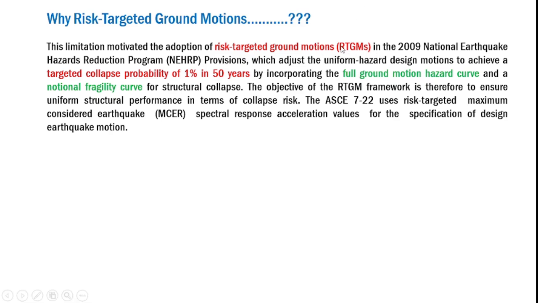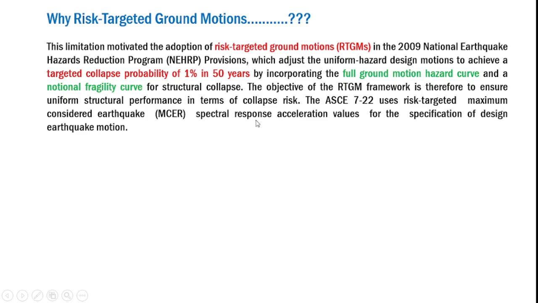This risk-targeted ground motion, popularly known as RTGM, is adopted in the 2009 National Earthquake Hazards Reduction Program (NEHRP) provisions, which adjust the uniform hazard design motions to achieve a targeted collapse probability of 1% in 50 years. This is done by incorporating the full ground motion hazard curve and a notional fragility curve for structural collapse.